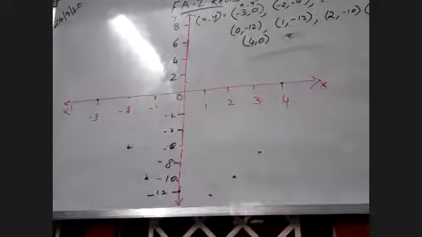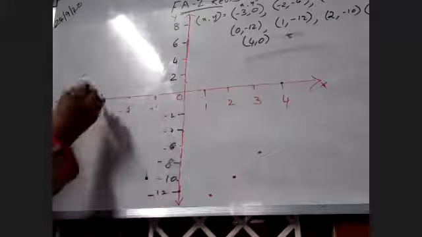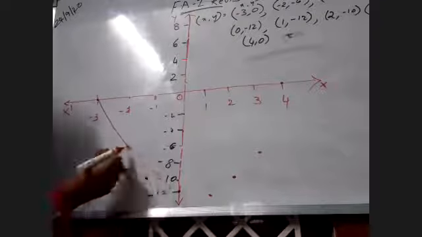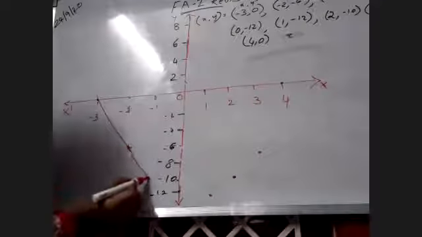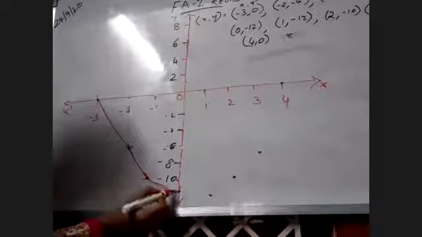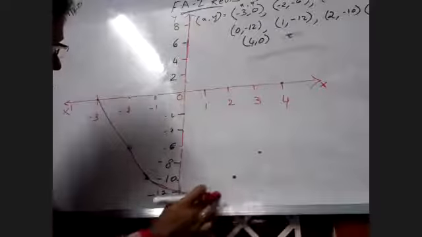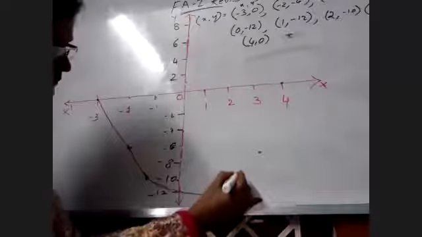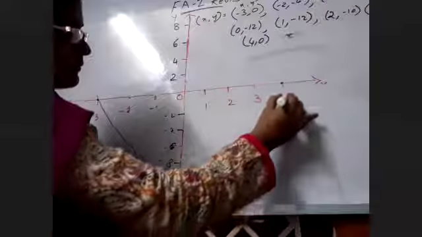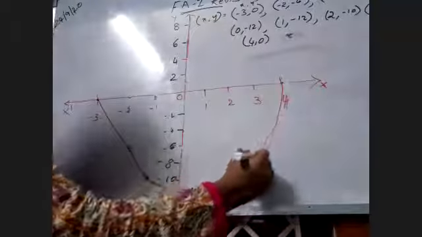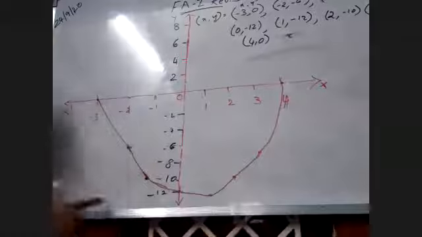Next again 4, comma, 0 means again here will come. So when we join these points, this is the graph here.